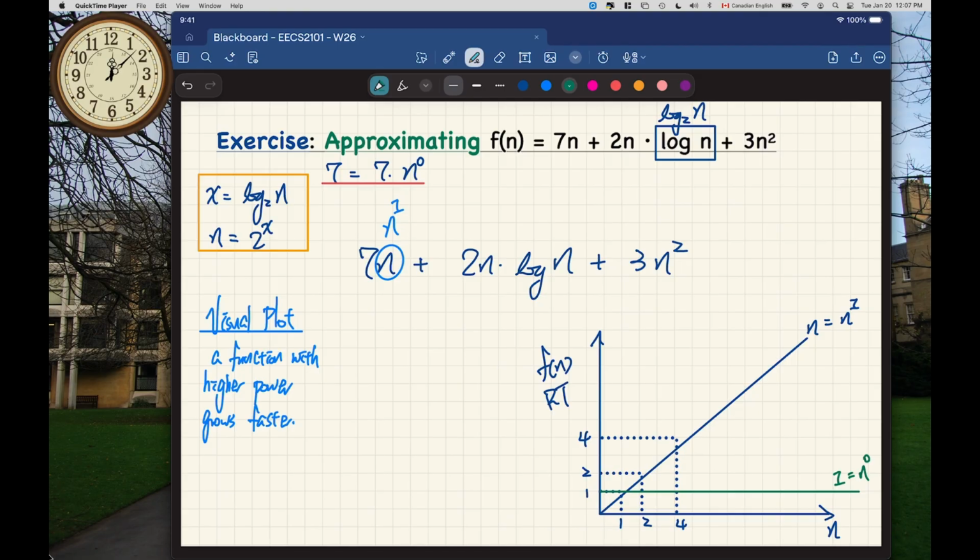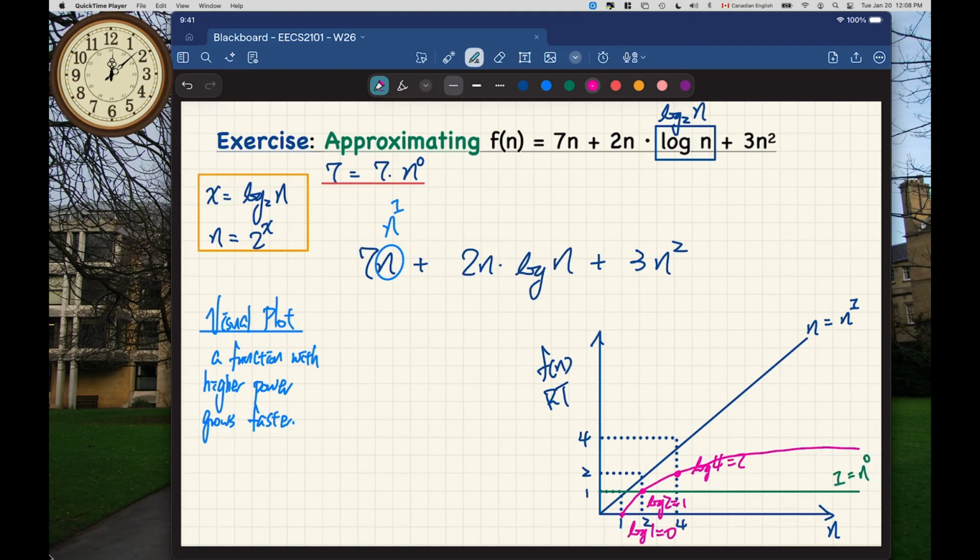So now, where should we do log n, right? We know that, for example, log 2 will be 1. And also, log 4 will be 2. And also log 1 will be 0. Convinced? If you do that, roughly speaking, it's going to be something like that.